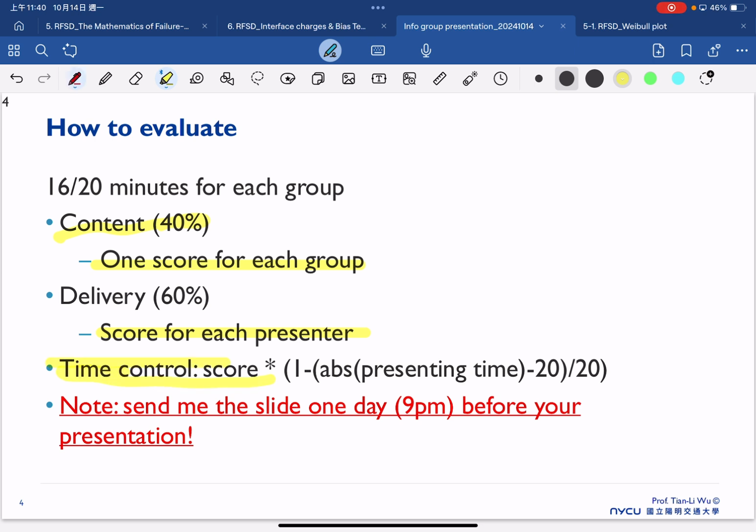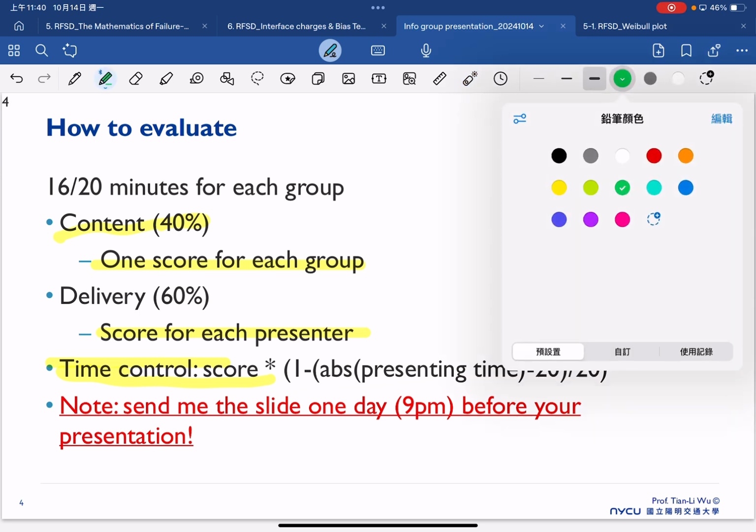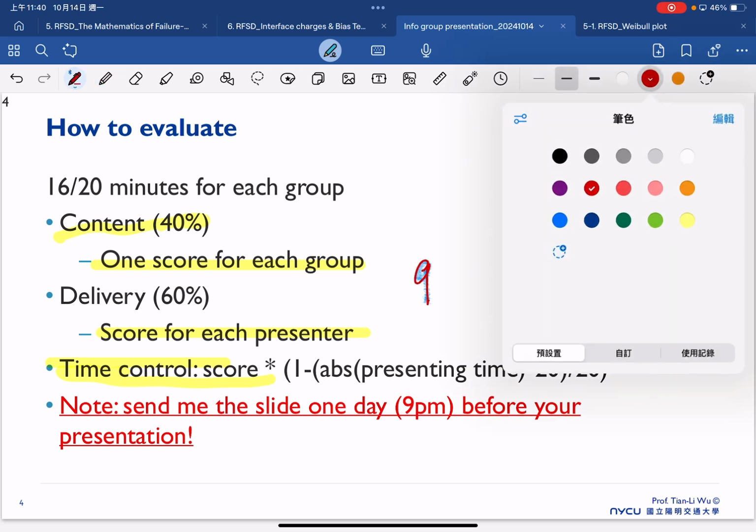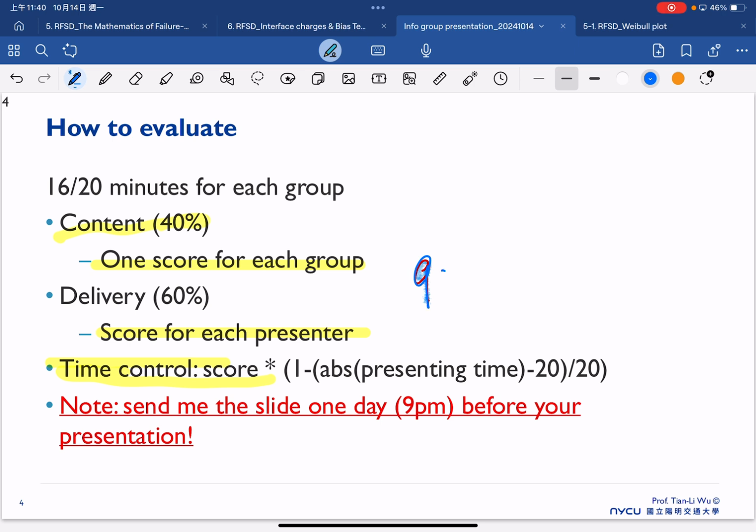Then this is how I calculate with the time. So the idea is, for example, if you get a 90. But unfortunately, your group presentation time is 22 minutes.